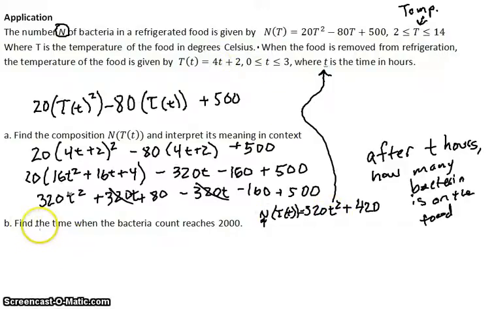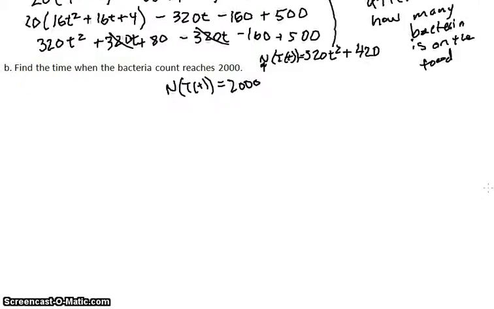So it says then find the time when the bacteria count reaches 2,000. So we have this equation. We have the bacteria, or n of t, and we want that equaling 2,000. So what we need to do is set that equation equal to 2,000.